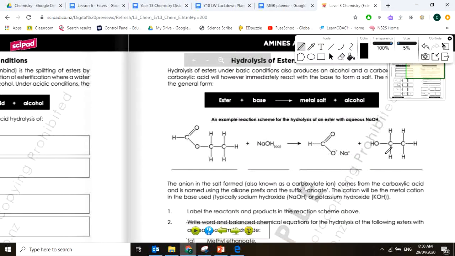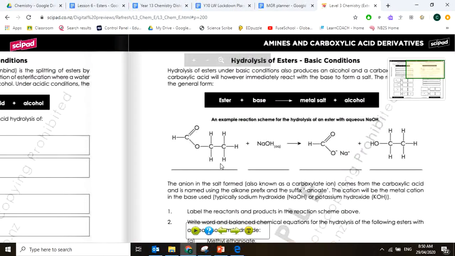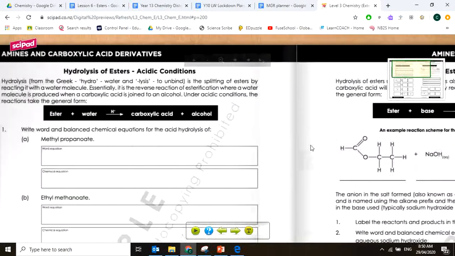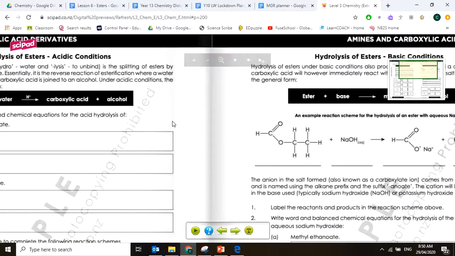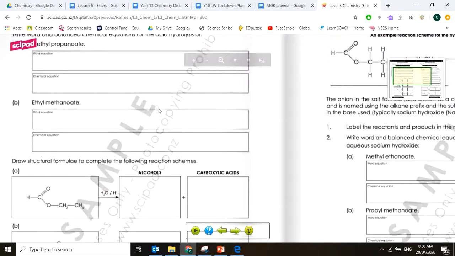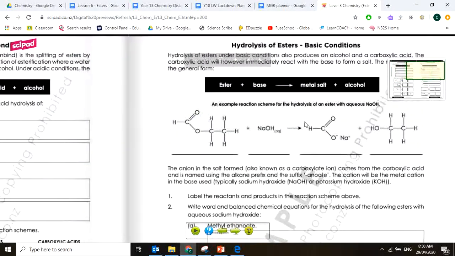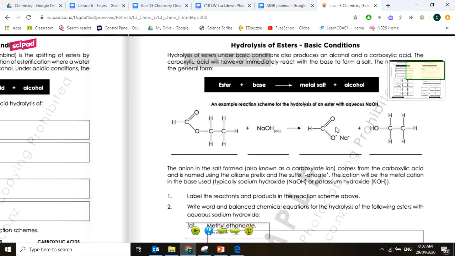Okay, the alcohol is exactly the same. So I just want to make sure you're understanding that this is really, really simple. The only difference between this reaction and that reaction, you both get alcohol formed. The only difference is you get carboxylic acid here. Okay, over this one you get carboxylate ion.